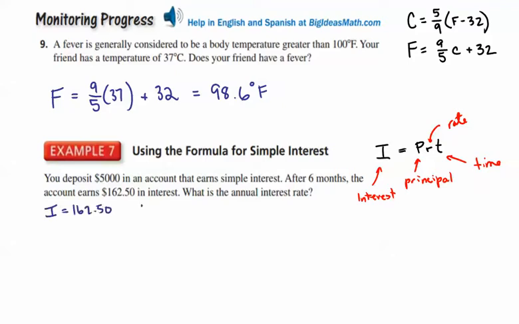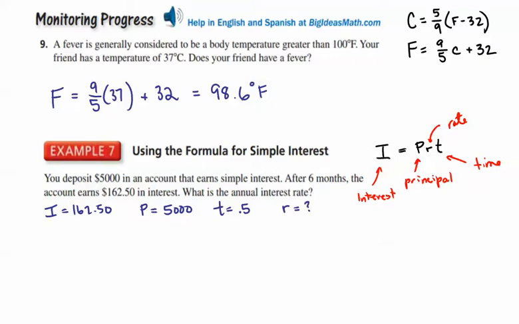We also know that we're depositing $5,000, so that's the principal, P. And after 6 months, what's important here for the time is that you have to count this in years. So we're not going to put 6 there, rather we're going to put 0.5, because that's 1/2 of a year, and we don't know what the rate is, and that's what we're trying to figure out here.